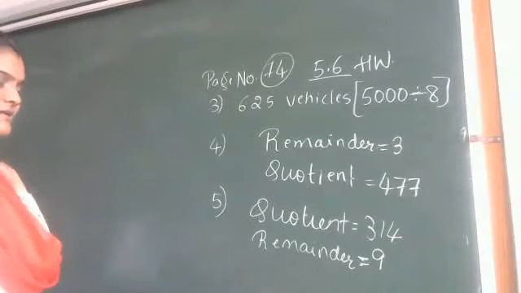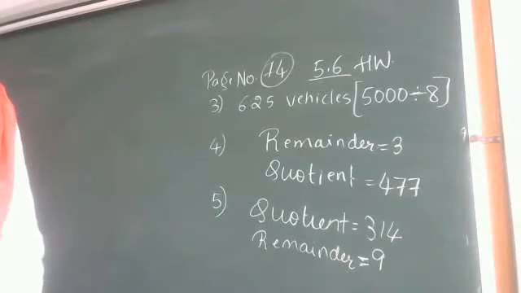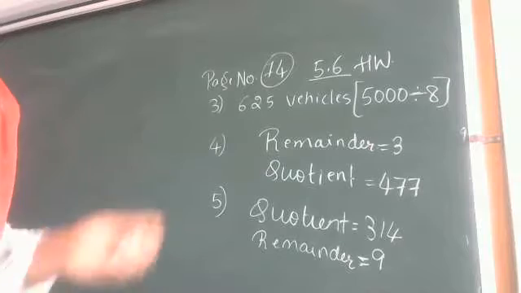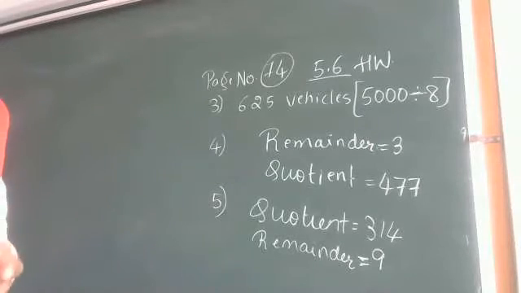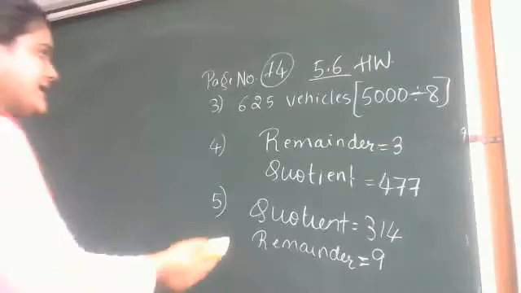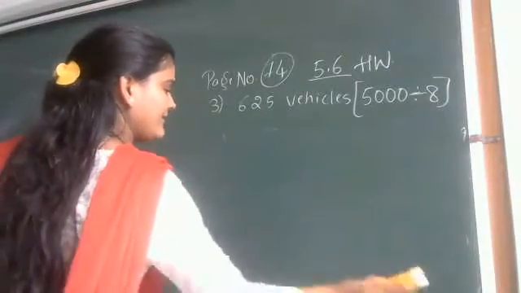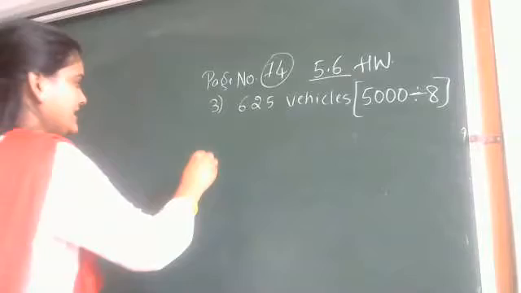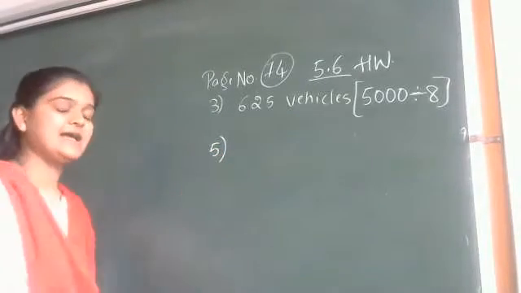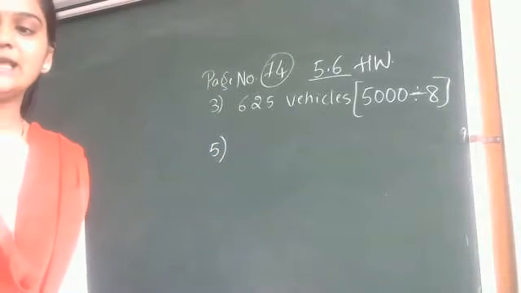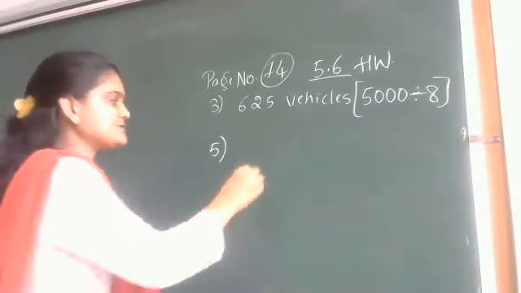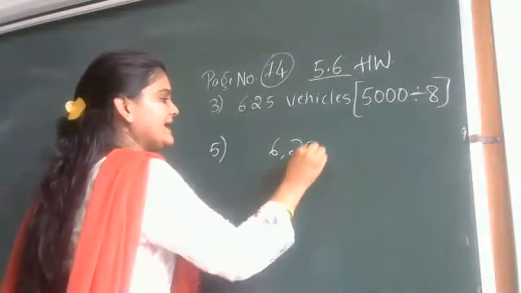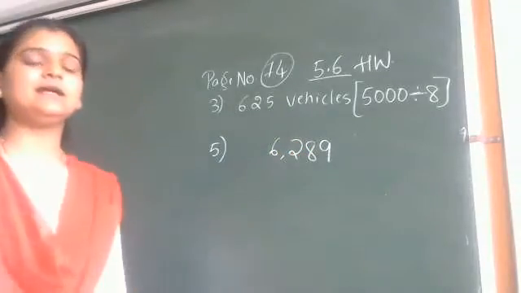Yes, ask me. 9. After dividing 6,289 by what number will divide? 20. Let us solve. Yes. See here, fifth question. As I have read out, totally for the Independence Day, 6,289 people were there.